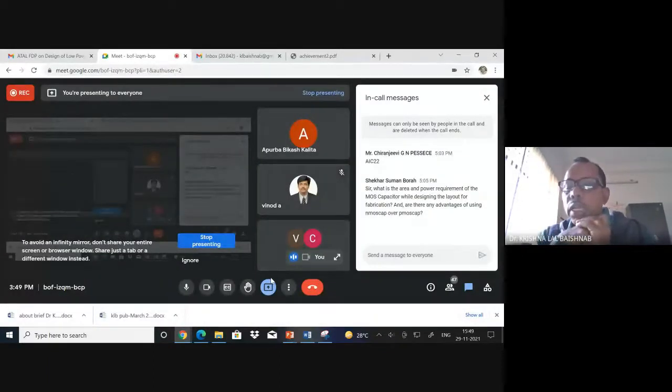The first question is about the area and power requirement of the MOS capacitor. Basically, a MOS takes a very small area, obviously, but it depends on the W and L you are taking, because W into L is a deciding factor. I already showed you what Gm is, the transconductance, in my diagram.